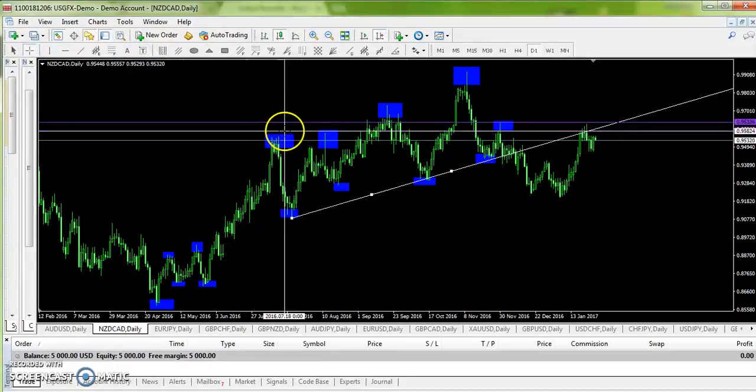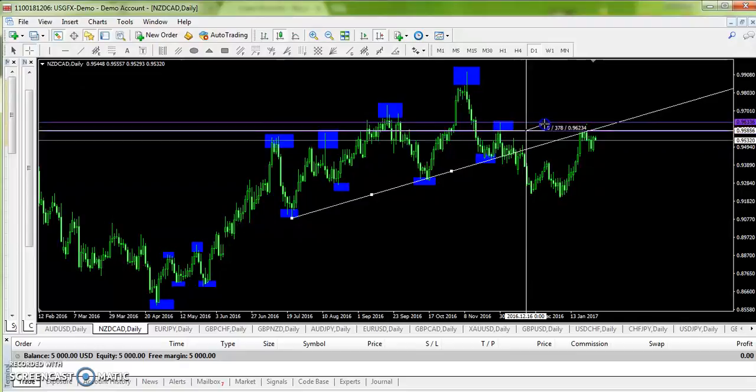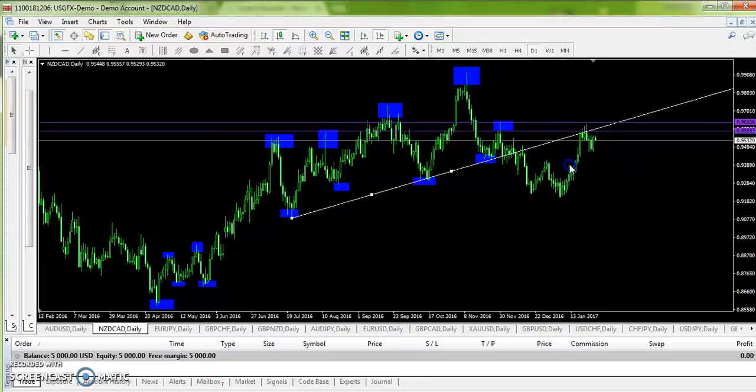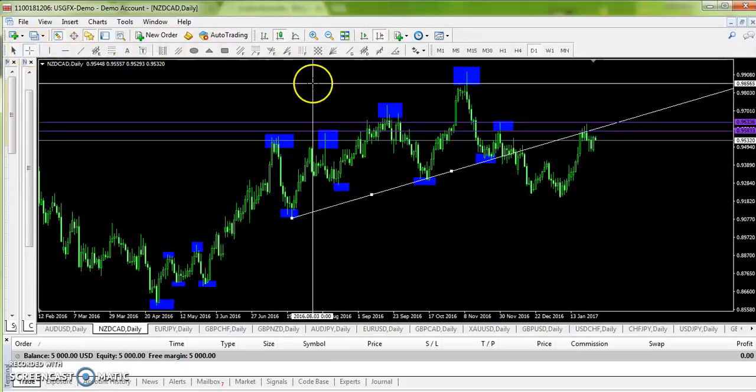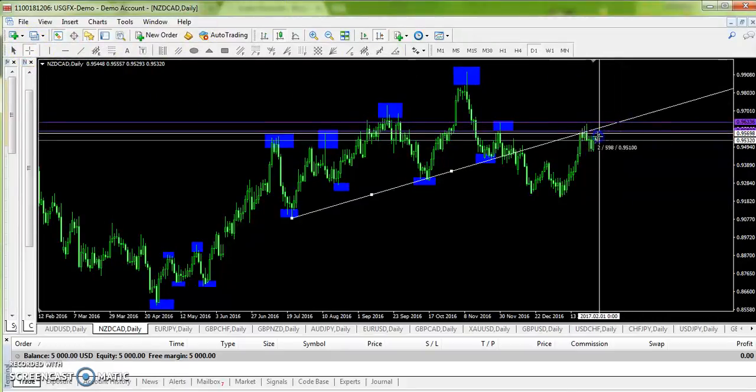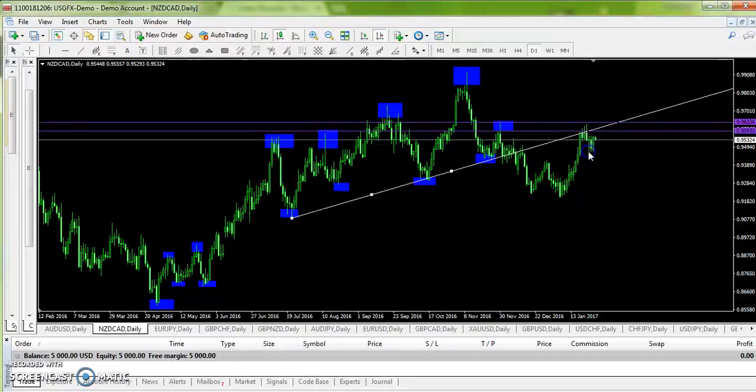In this case I have taken a risk of about 40 pips, so my reward would be at least 80 pips, right? So where my TP would be, gentlemen, it is roundabout on this point.